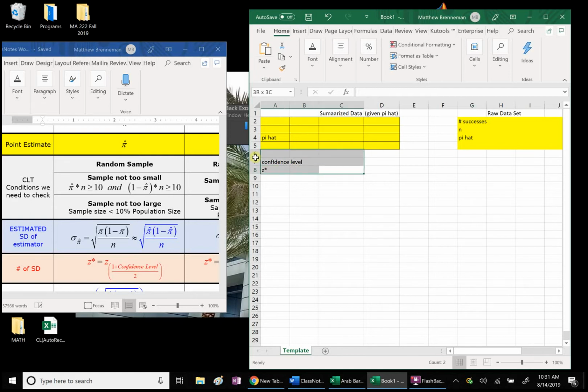The same thing for the raw data. It's the exact same thing that we're computing. Once we have our z-score, we need our estimated standard deviation. I'm going to put n here since this is going to be given information. And then we'll say standard deviation of pi hat.